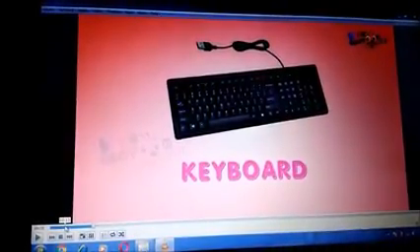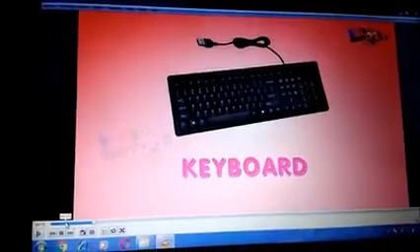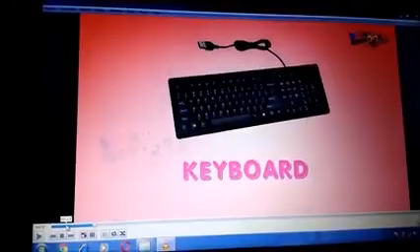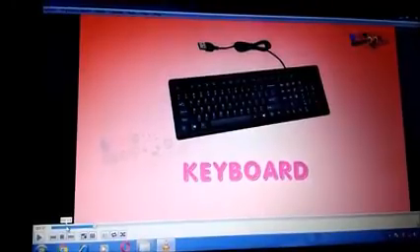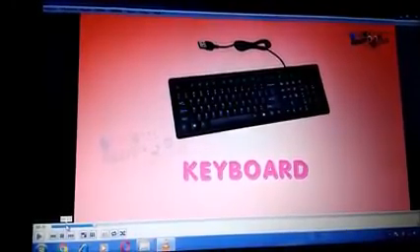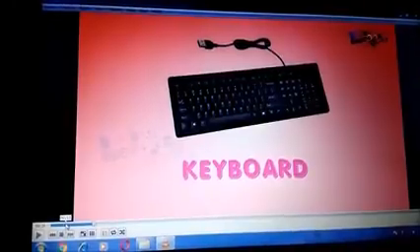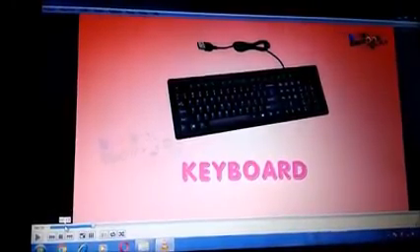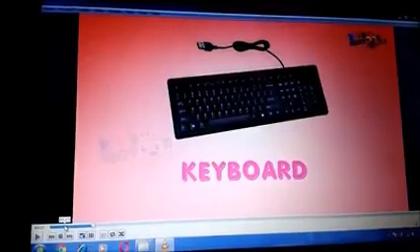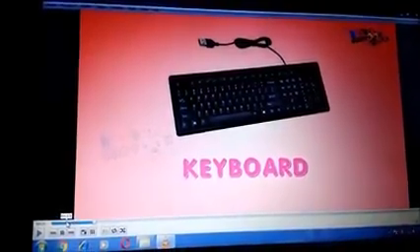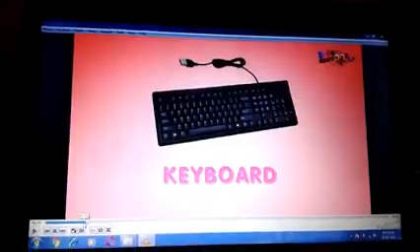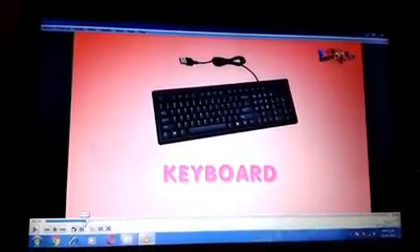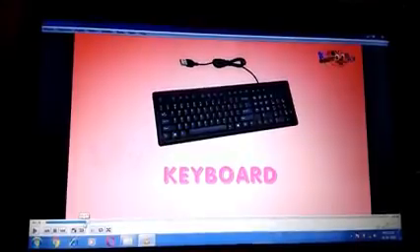The keys marked F1 to F12 are called function keys and are seen in a horizontal arrangement above the number keys. Next point is the arrow keys showing directions, which are used to move the cursor in the four directions. Point number 7, on the right end of a keyboard is the numeric keypad.